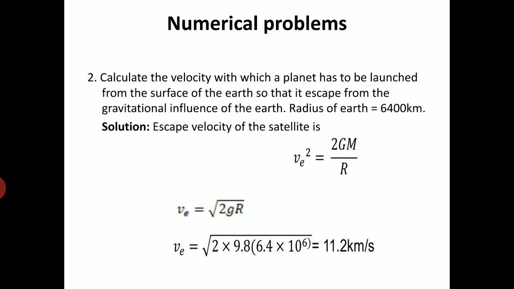Solution: escape velocity of the satellite, ve square, is equal to 2 capital G capital M divided by R, or escape velocity has another relation, that is root of 2 small g capital R. If we substitute the value of small g, acceleration due to gravity, 9.8, and capital R, the radius of the Earth, 6.4 into 10 to the power of 6, and simplify, we get the escape velocity from the Earth's surface, that is 11.2 kilometer per second.